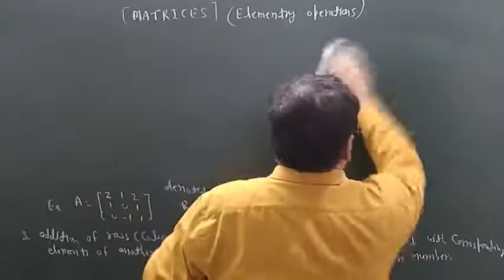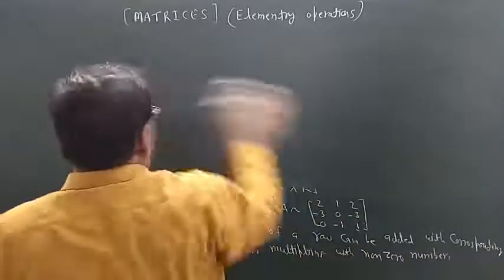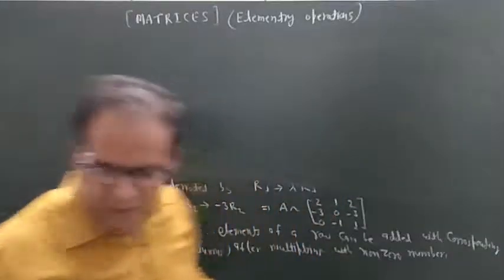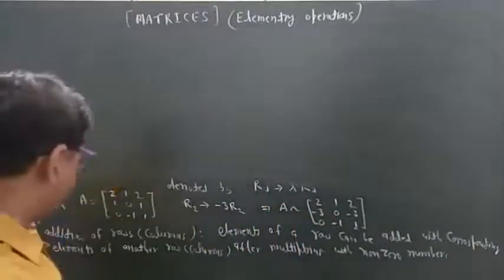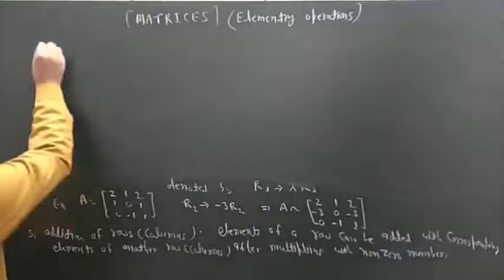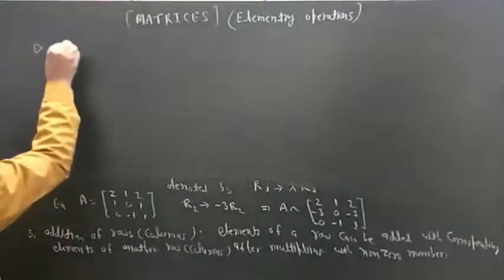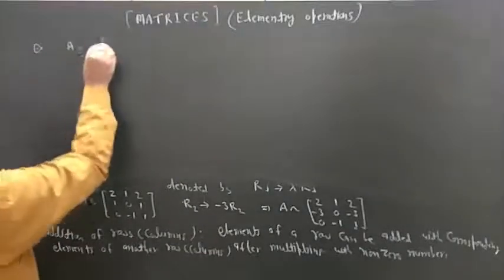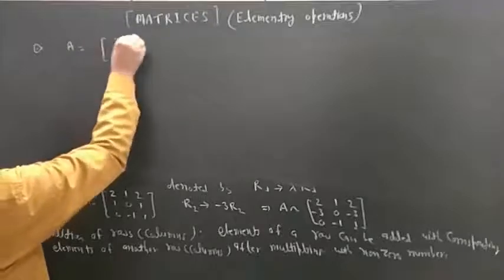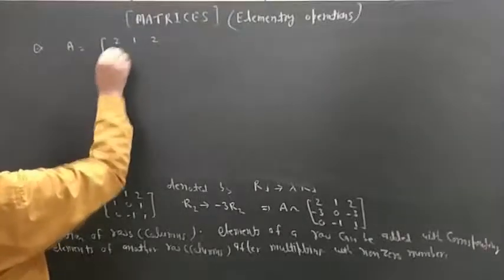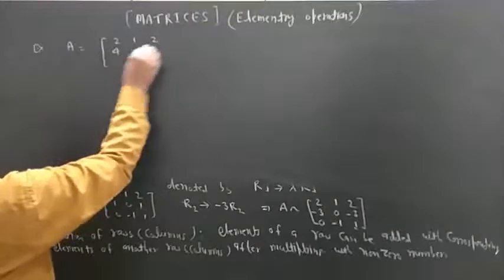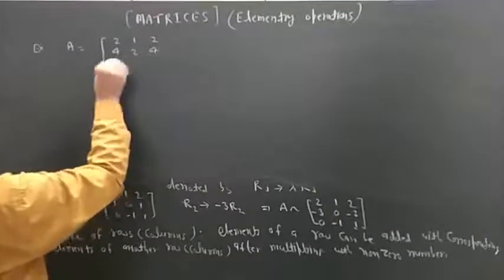We are writing here only in the row, but you can use these operations for columns also. So, for example, suppose that a matrix A is given 2 1 2, 4 2 4, 3 1 1.